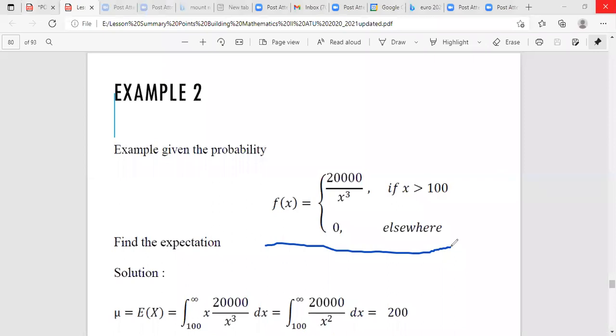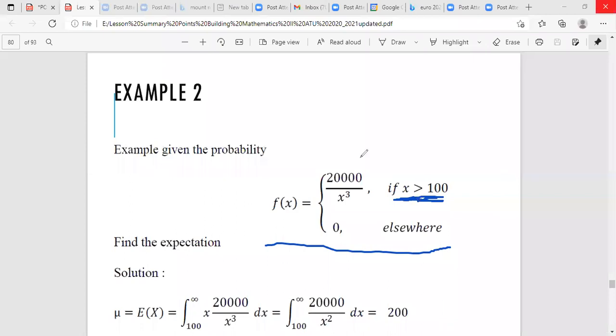The first thing you notice is this is an interval. X is greater than 100, meaning all values which are greater than what? 100. So 100.1, 100.2 are all greater than 100. So you take note of that.